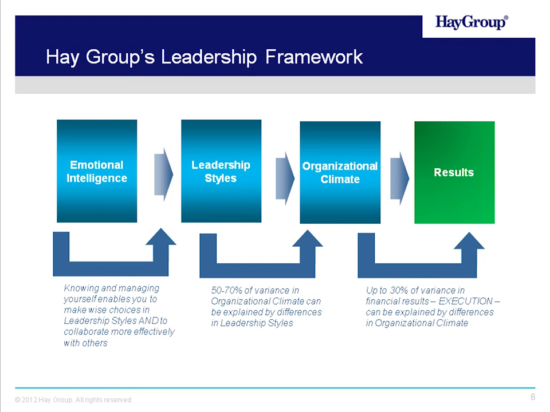So where does EI fit in with the talent zone and with our overall methodologies here at Hay Group? We know from our research that up to 30% of the variance in financial results can be explained by differences in organizational climate. Similarly, the styles that leaders use account for a very large percentage, up to 50 to 70% of the variance in organizational climate.